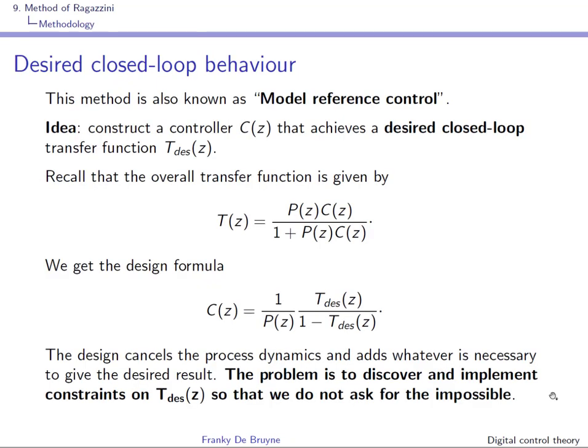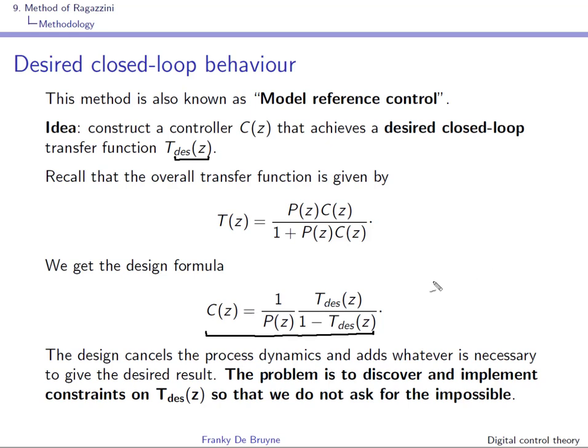So as a conclusion, this method of Ragazzini is really simple to implement. You choose a reference model or a desired closed loop transfer function, and on the basis of the process and this desired transfer function, you can compute the controller.